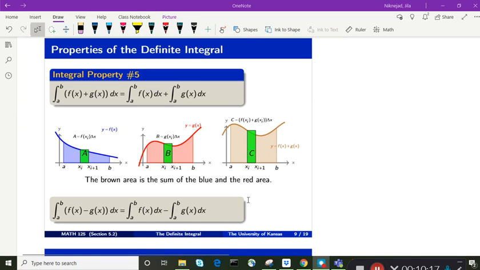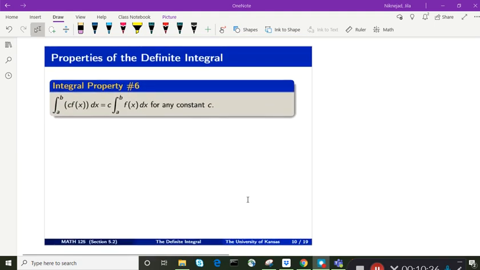Now, there's another property that is a direct consequence of property number 5, and that's the integral from a to b of f of x minus g of x dx is equal to the integral from a to b of f of x dx minus the integral from a to b of g of x dx. Property number 6.